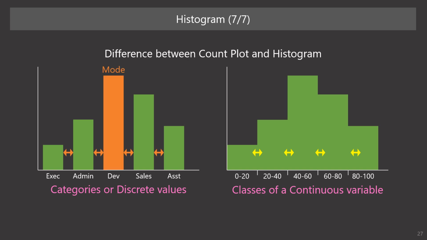Besides, since each bar represents the frequency of a specific category or specific value, we can identify the mode from the count plot. For the same reason, we can also identify the category or the value with the fewest frequency. However, since the bins in a histogram represent the range of a class, not a specific value, we cannot identify the mode from a histogram.